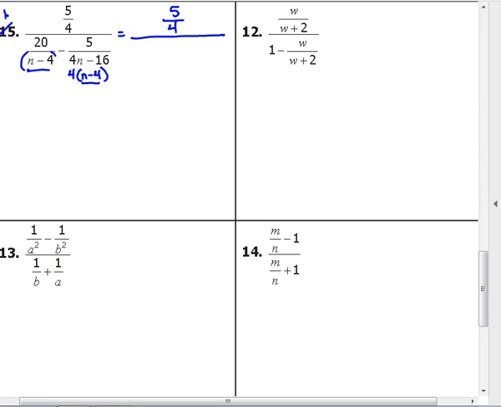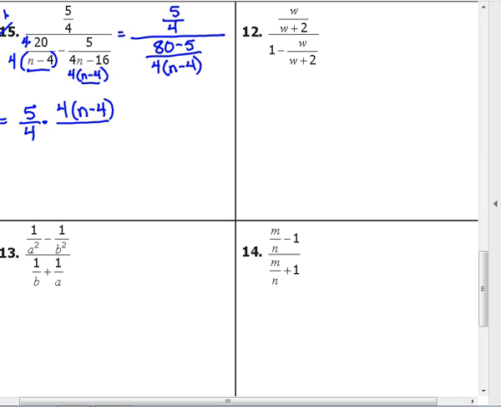So that means the only thing that we have to fix is that we need to add or multiply in the factor of 4. So what we've got is 80 minus 5 over 4 times n minus 4. So keep the top the same, flip the bottom over and multiply.